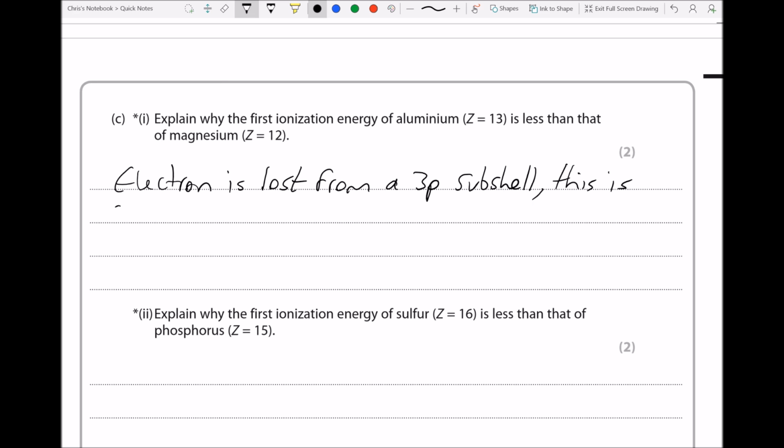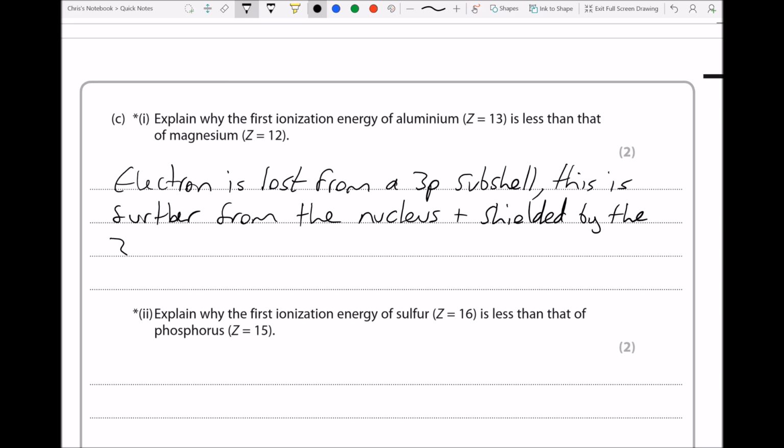This is further from the nucleus, and is shielded by the 3s orbital.